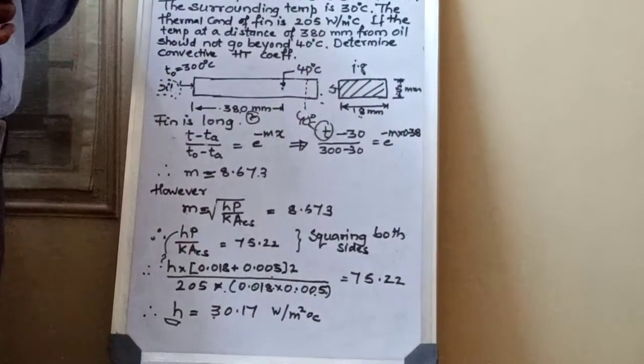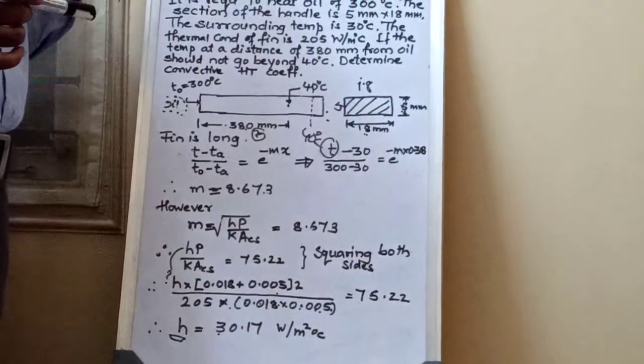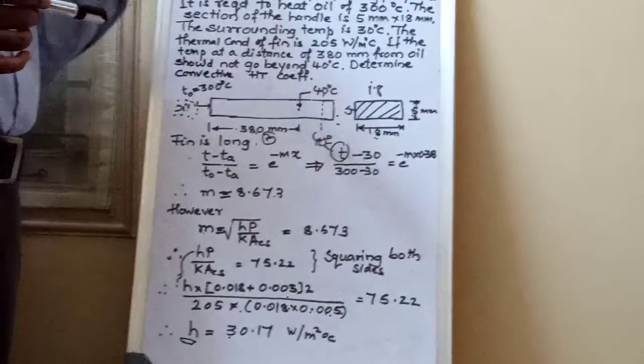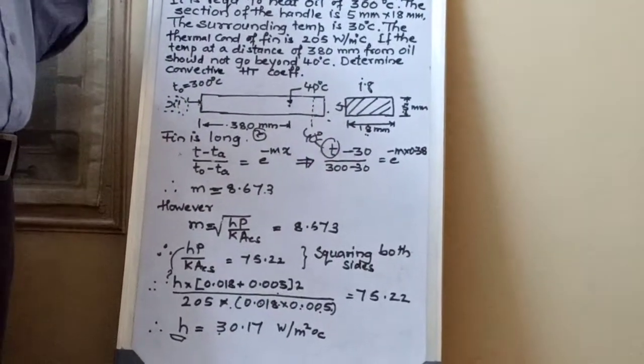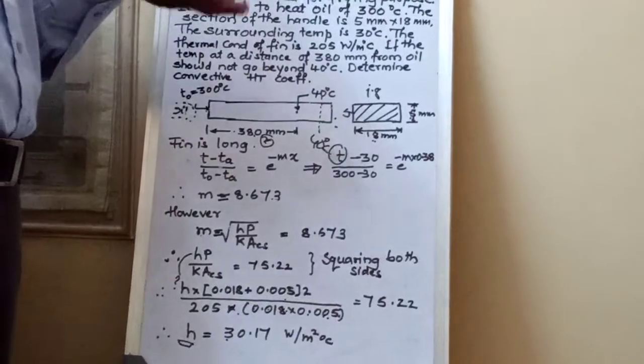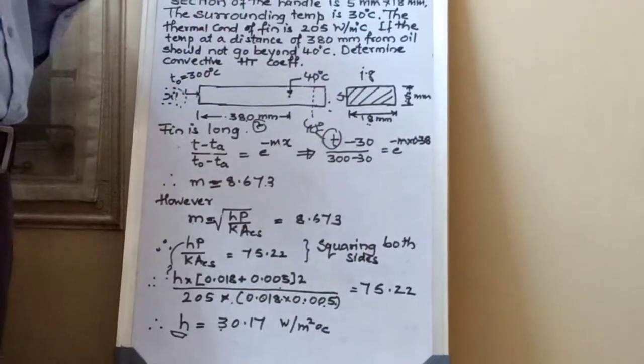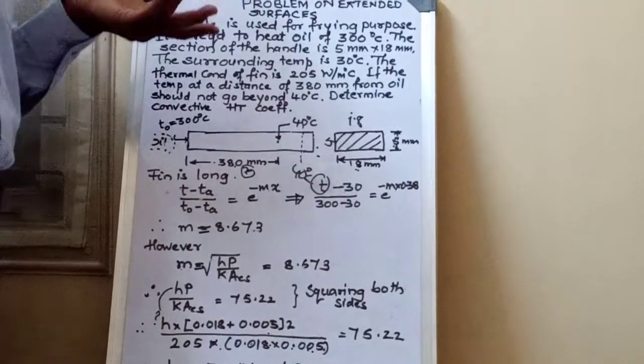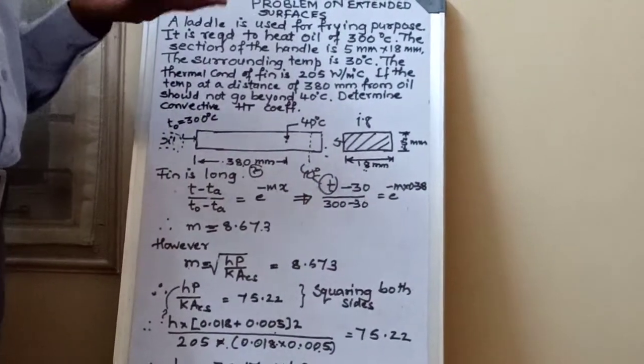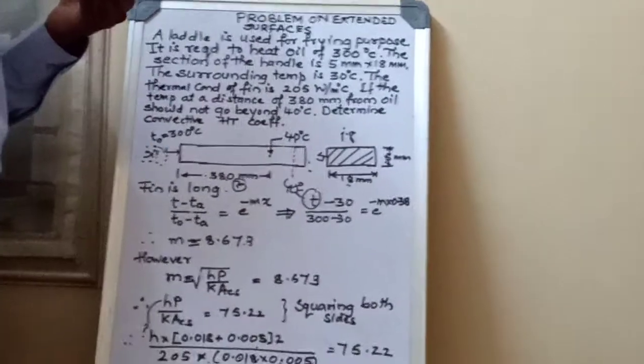So what is the importance of that? What is convective heat transfer? Because the ladle is a solid whereas the surrounding is air, the solid material is losing heat to the surrounding air. That is called convection. Convection means liquid to liquid, solid to liquid, liquid to gas, gas to gas, gas to liquid or gas to solid, likewise.